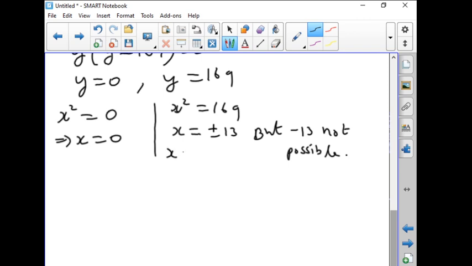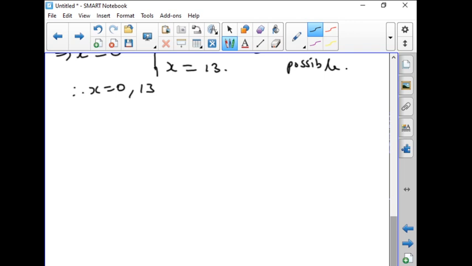Therefore, we take only x is equal to 13. Negative value is not possible. Therefore, the answer is x is equal to 0, 13. It is asked to solve, so solve means we have to find the value for x.